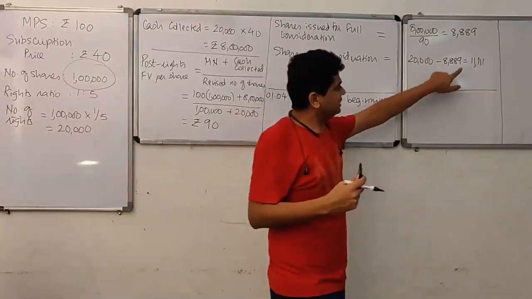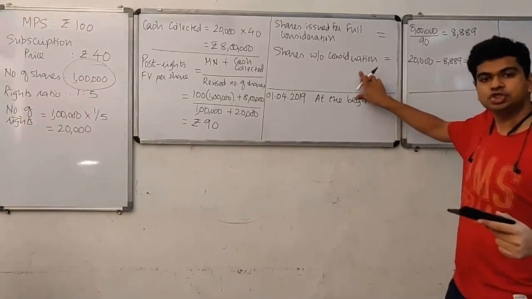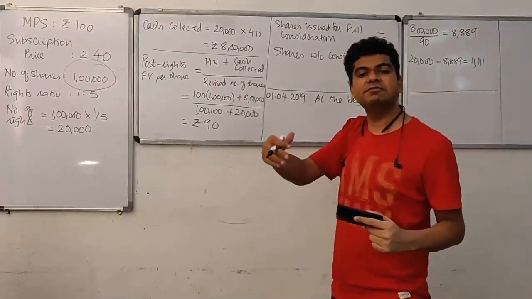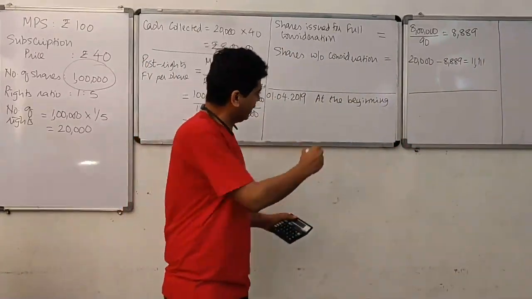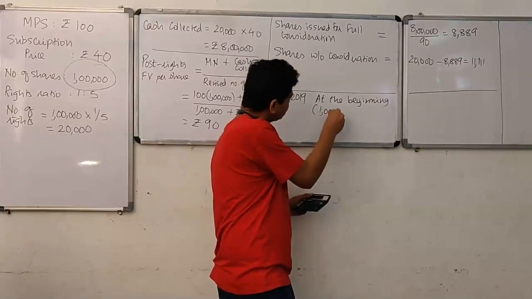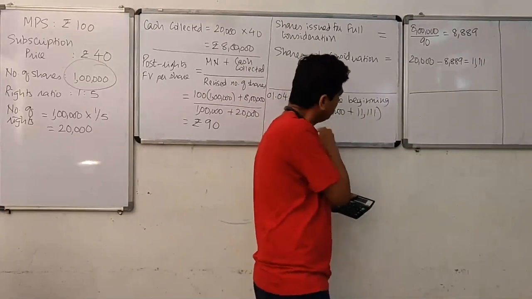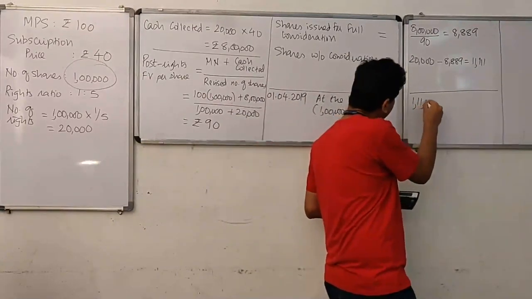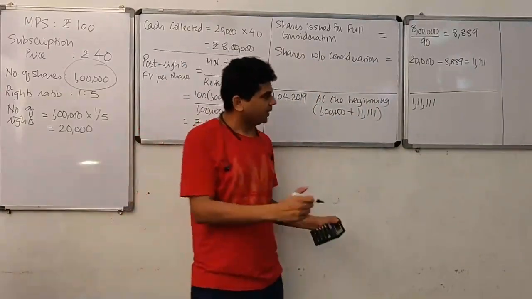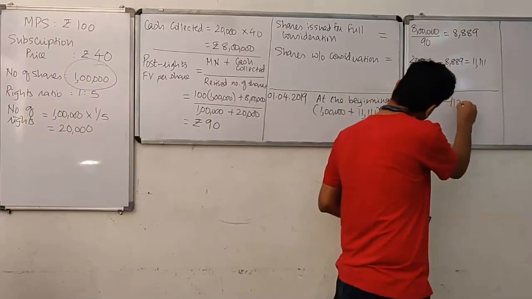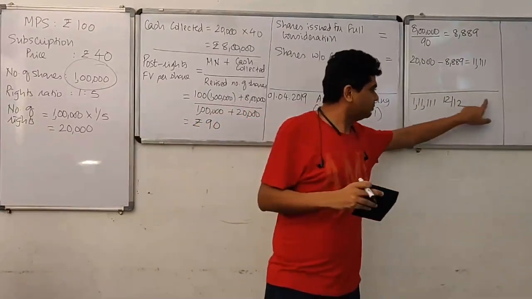And we will consider 11,111 shares to be as good as bonus shares. I will have to consider as if the shares were issued from the very beginning. So when you say shares at the beginning, you will say it is 1 lakh plus this bonus element, which is 11,111. So I get this as 1,11,111. Since they are there right from the very beginning, they will carry a time weight of 12 by 12. And then the two should be multiplied and I'll get the weighted product.